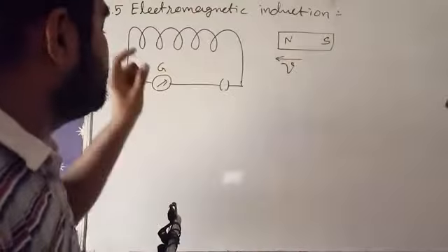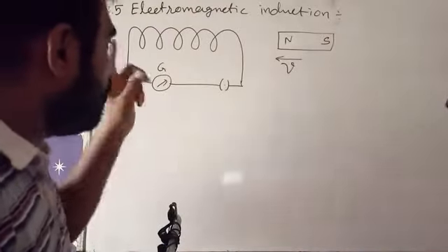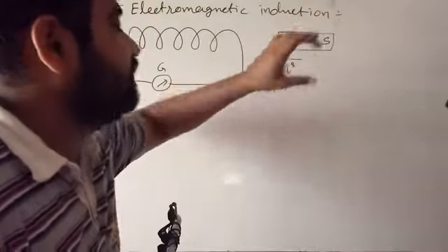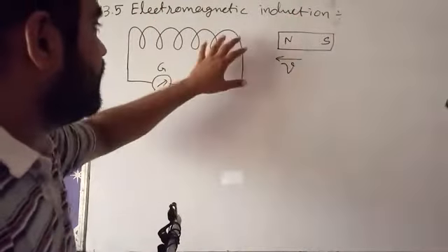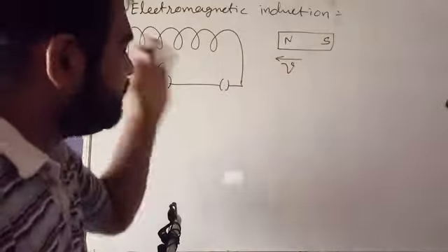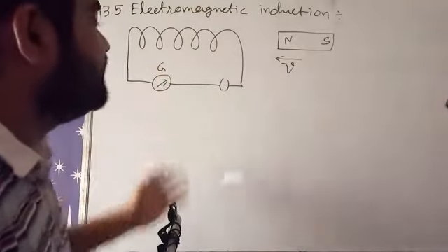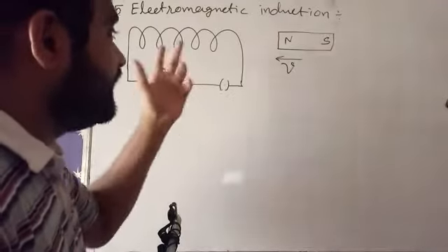Why do we get current here? Because of relative motion between the coil and the bar magnet. If both are moving in the same direction with the same speed, then there will not be any deflection here, because the relative motion will be zero.